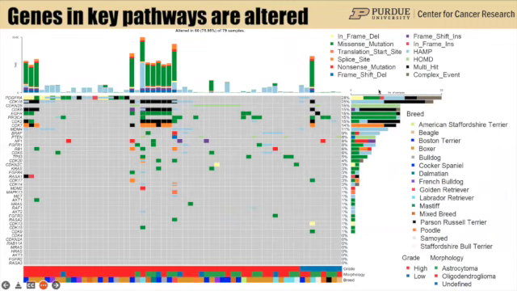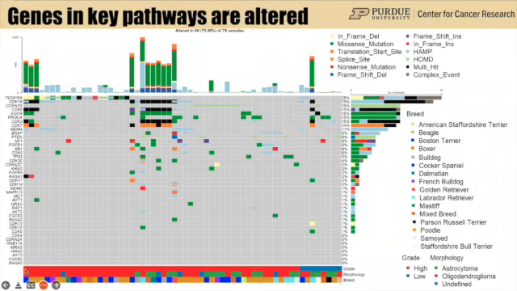In the main part of the figure, we put the genes from all these 3 different canonical pathways, and then we show whether they are altered in some way, for example, in-frame deletion, missense mutation, et cetera, or homozygous or high amplification, homozygous deletion, and so on.